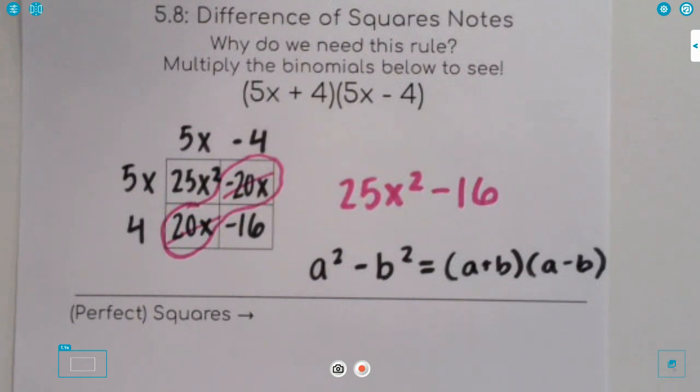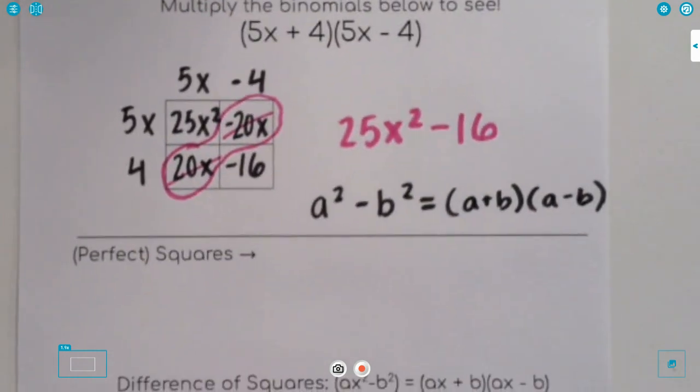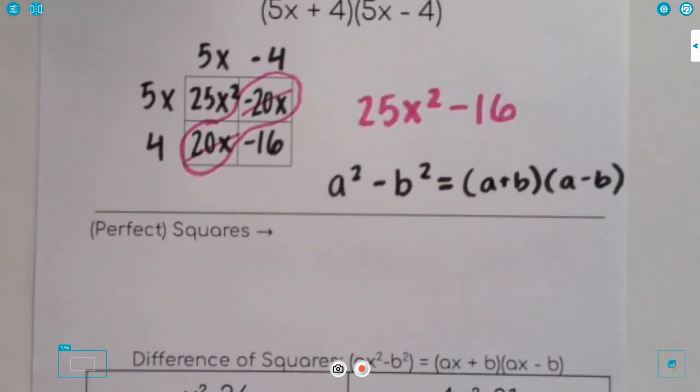Okay. Before we dive into our examples, the first thing that I want to do is make a list of all of our perfect squares because it's going to make your life easier.